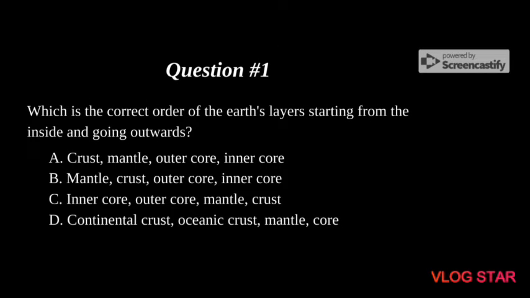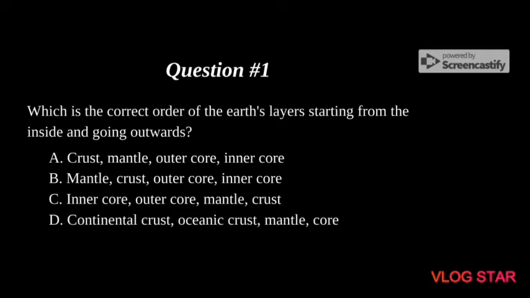I've gathered some questions for this lesson that I figured would be good for us to answer. Let's start with question number 1. Which is the correct order of the Earth's layers starting from the inside and going outwards? Is it A, crust, mantle, outer core, inner core?